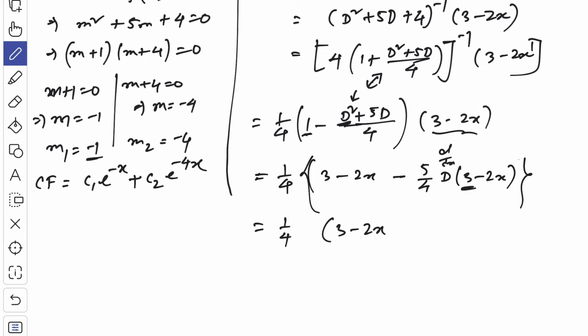D means d by dx, isn't it? You know that. So that's going to be 0, the derivative of a constant is 0, and if you differentiate minus twice x, then you will get minus 2. So minus 2, then minus 5 by 4, that's going to be plus 10 by 4. So hope you have understood this.